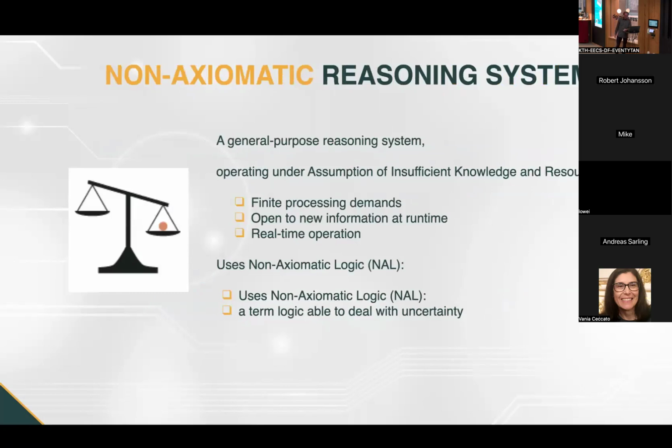And the particular approach we have taken is a non-axiomatic reasoning system, which is essentially a reasoning system-based approach to intelligence, where we take logical reasoning and we build a system which can operate under finite processing demands, and we open new information at random, learn hypotheses, test them at random, and essentially acquire skills and knowledge while the system is operating.